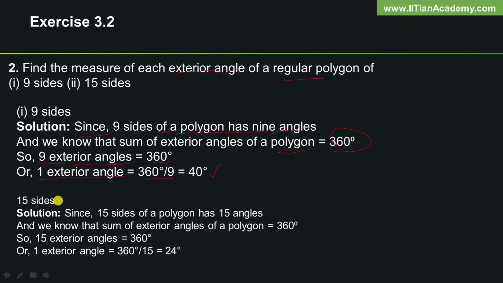For 15 sides, 15 exterior angles equals 360 degrees, or 1 exterior angle equals 360 degrees divided by 15 equals 24 degrees.